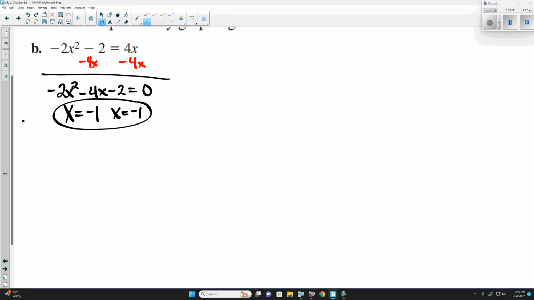Now, when we factored out the negative from it to make it easier to factor, yes? If we factor that out, it would turn into 2x squared plus 4x plus 2. Now I'm just going to divide that negative out on both sides, which would give us this here, yes?